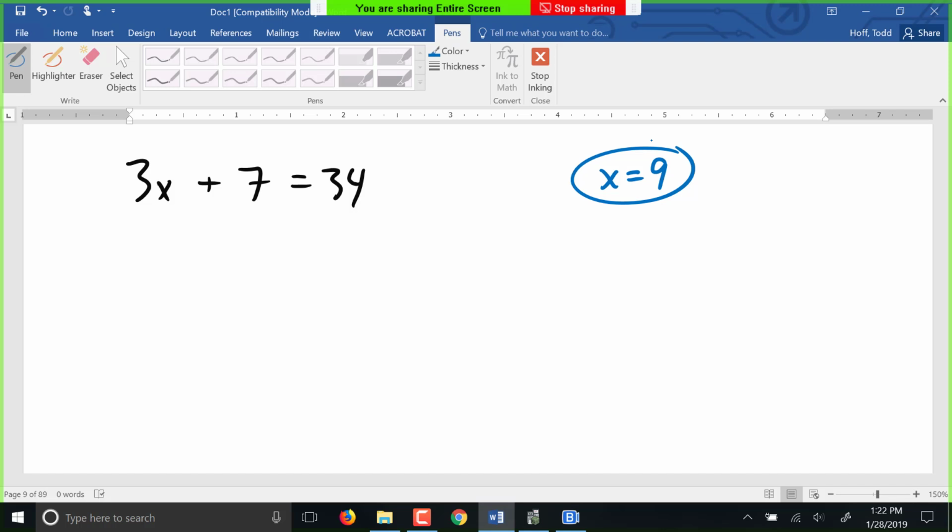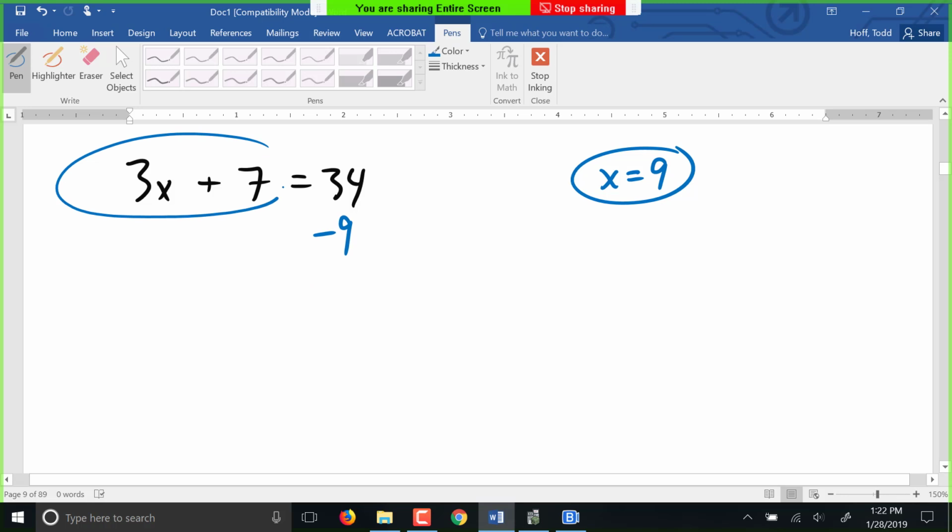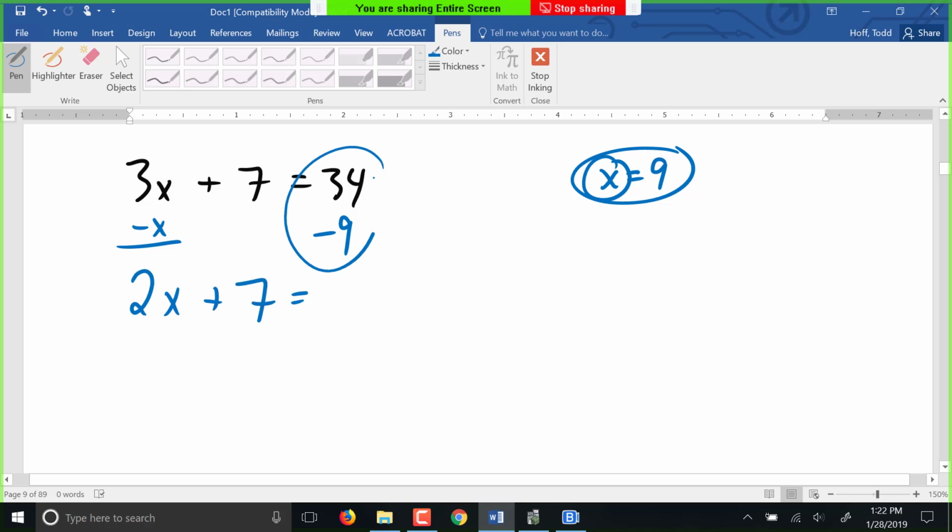So if I were to subtract 9 here, I would have to subtract 9 from the left side as well, correct? But instead of subtracting 9, I can subtract something that has the exact same value. X equals 9. If I subtract an x, what I have here is 2x plus 7. What I have over here is 25. Did I change the value of x in that equation at all? No, I didn't. X is still equal to 9.